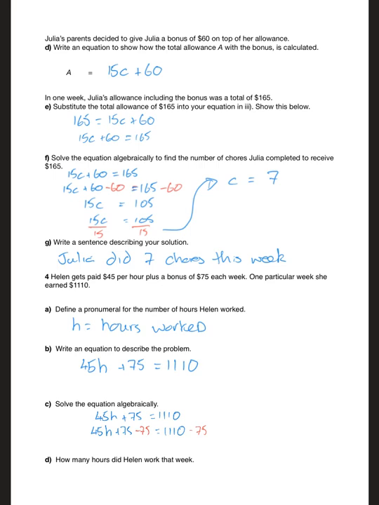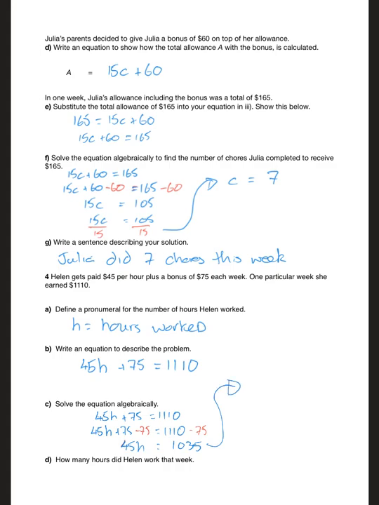So of course that gives us 45H being equal to, using my calculator, 1110 minus 75 is equal to 1035.